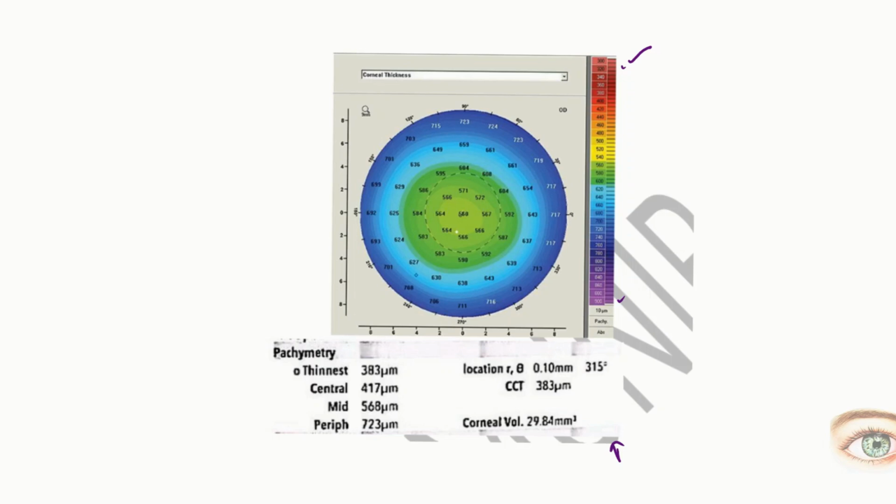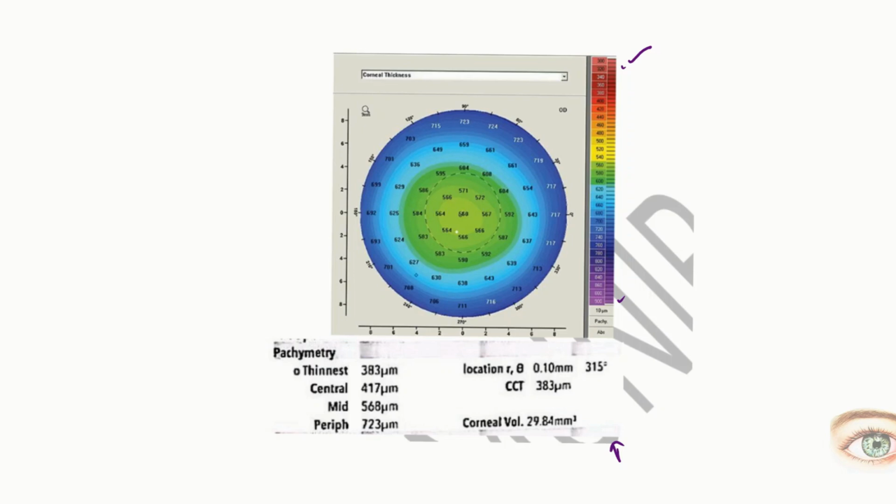If there is some kind of ectatic disorder like PMD, pellucid marginal degeneration, or keratoconus, the thinnest point is not going to lie in the center. In fact, it is going to slide inferiorly. So first, you have to check the thickness of the thinnest point and its location. Since this location is given in polar coordinates, you can also convert it into x and y, which is quite convenient.